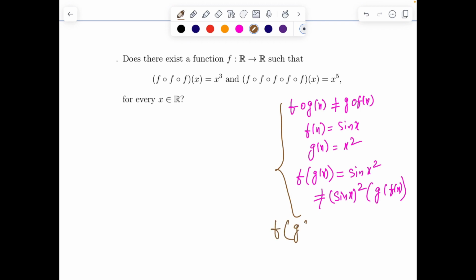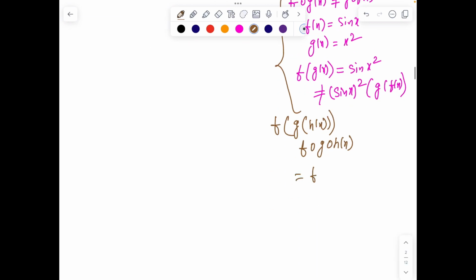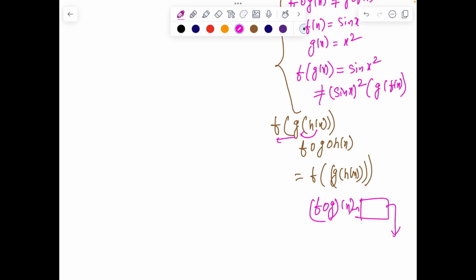So if I take f of g of h of x, which is f∘g of h of x, it will be the same as f of g of h of x, right? So whether you first take the composition of h with g and then f, or you first take f∘g of x, this gives some output, and that output you send to the h machine.